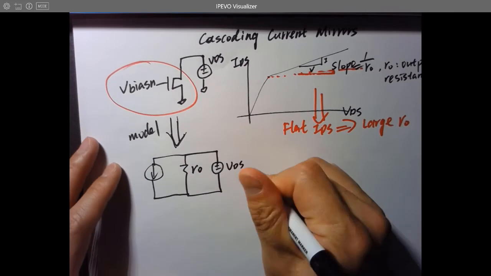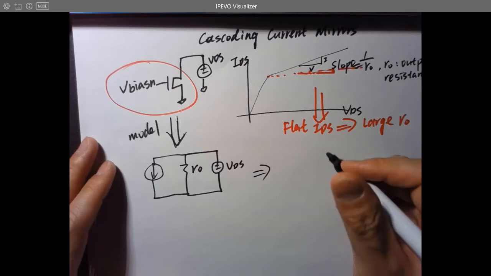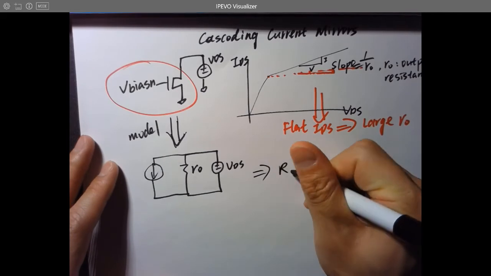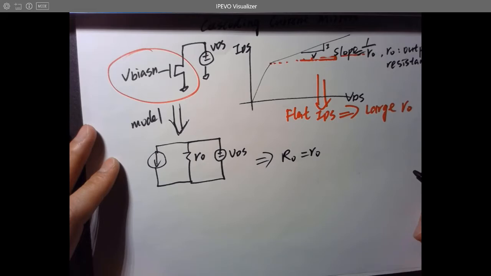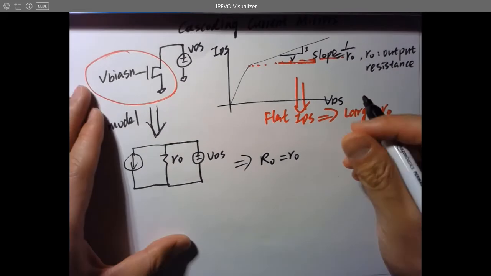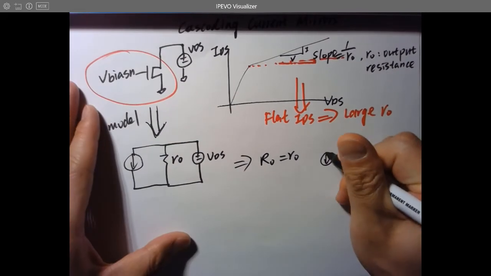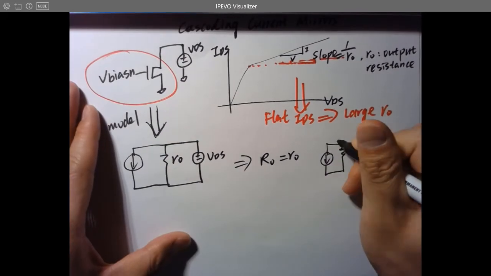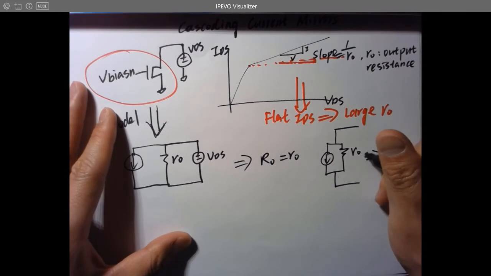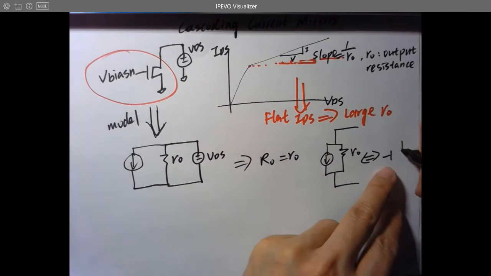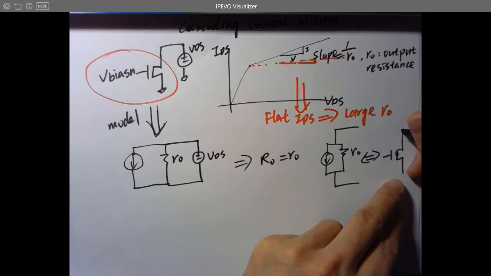And in this model, you can also find out the output resistance equals RO. This one is equivalent to this.